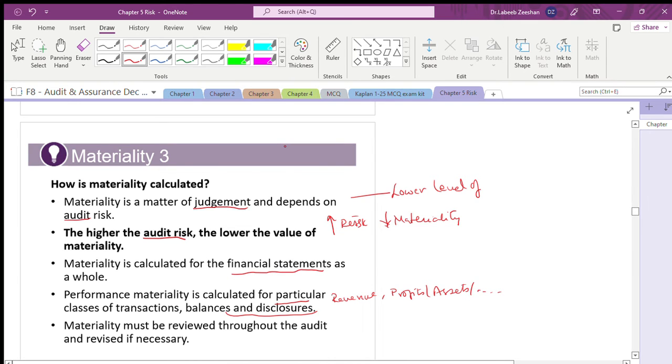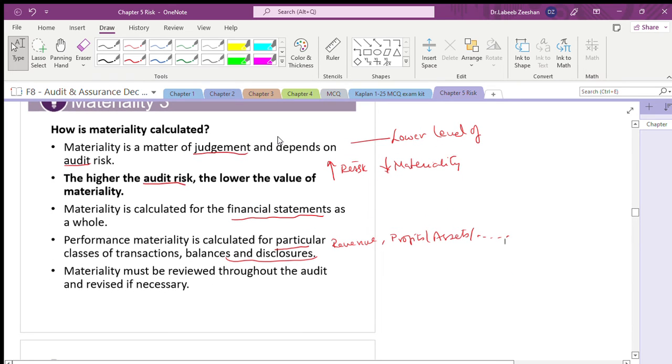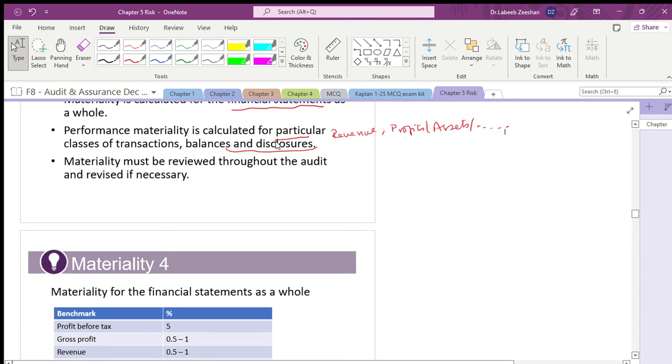There are so many, 4 or 5. Throughout the audit, the intention of the auditor is to make sure that it is related to the percentage of misstatements. The job of the auditor is to only identify the percentage of misstatements.